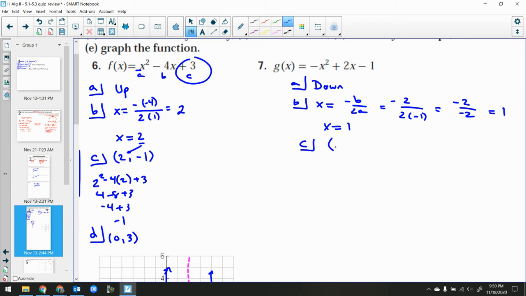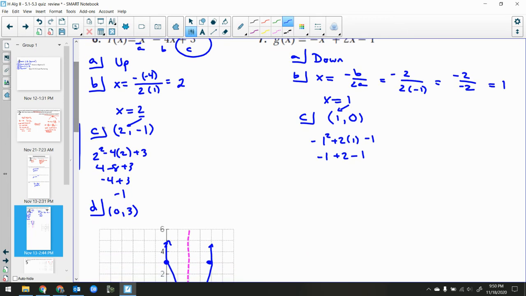And then to find my vertex, it's 1 comma something, and I get that 1 right from there. Plug that 1 in. Negative 1 squared plus 2 times 1 minus 1. So this is negative 1 plus 2 minus 1. Negative 1 plus 2 is positive 1, minus 1. Oh, looks like it's 1 comma 0. Part D here, the y-intercept, I believe it's negative 1.